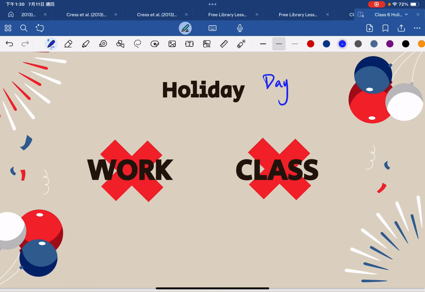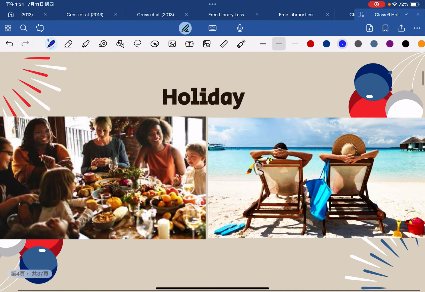On a holiday you may have a special meal with your family or friends, or you can travel with them. And there's another word for this kind of thing, which is called vacation.